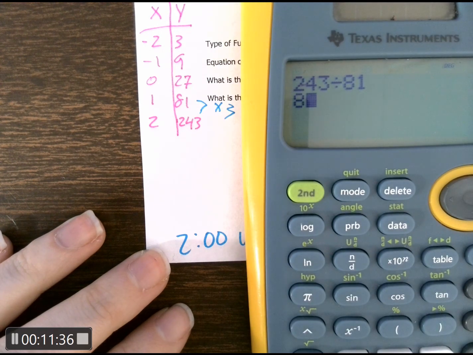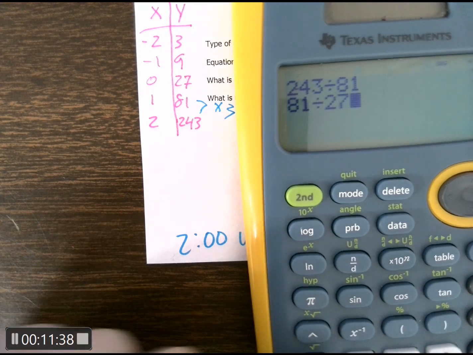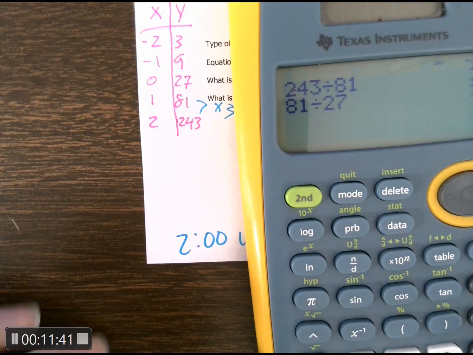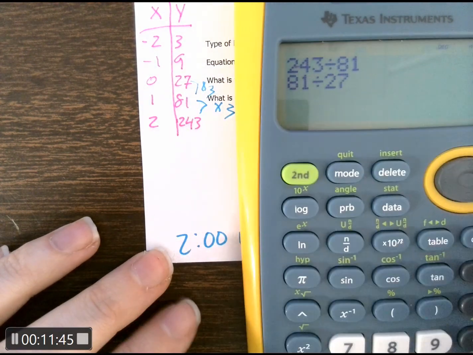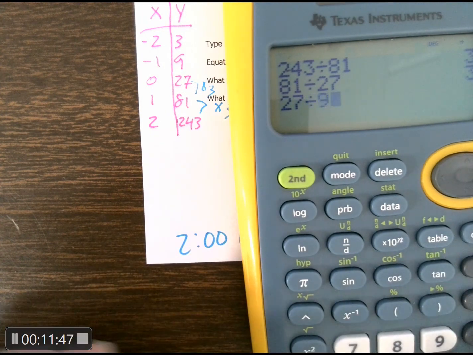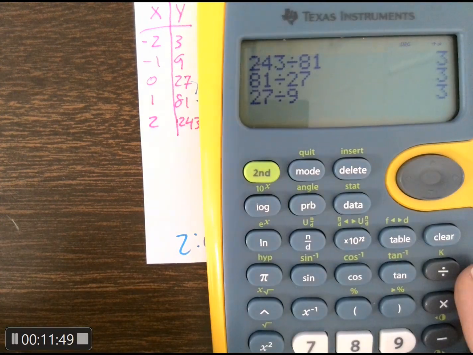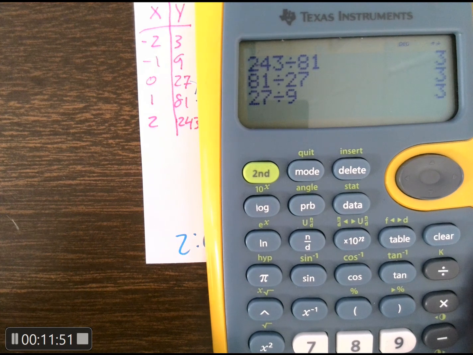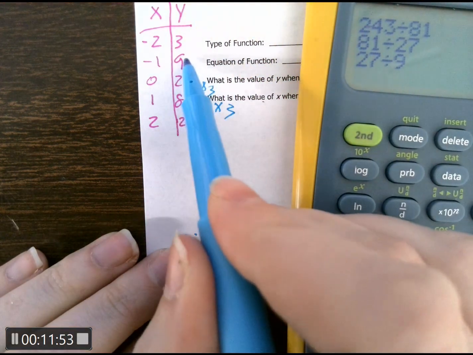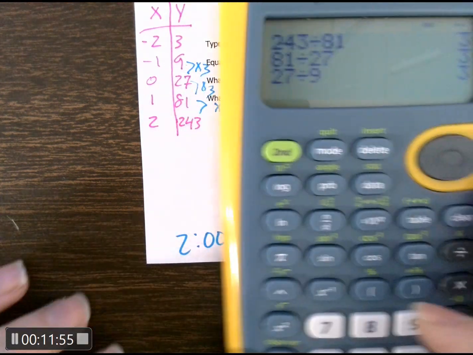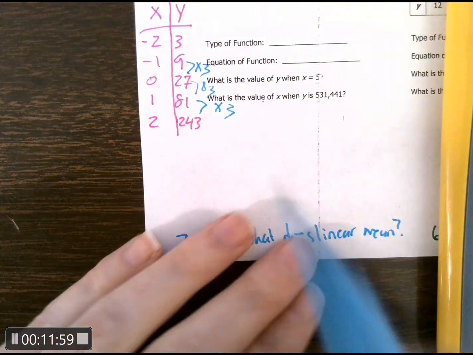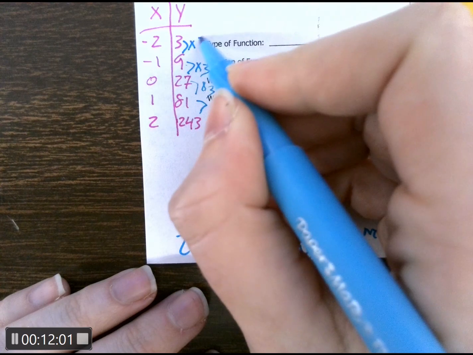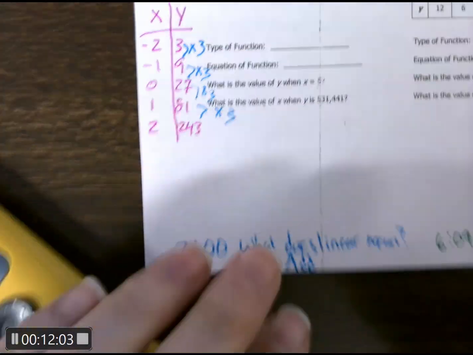And then we're going to do 81 divided by 27, times 3. And then 27 divided by 9. That will also give us times 3. And then 9 divided by 3 gives us 3. So each time we are multiplying by 3.